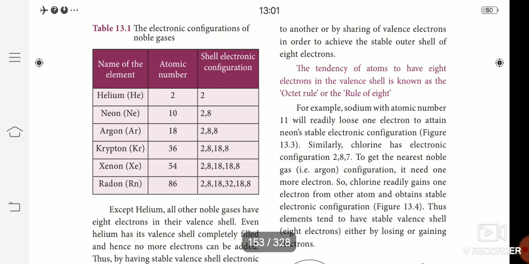Next, the chemical combination between atoms. In this electronic theory of valence, the octet rule applies. Atoms combine together in molecules.